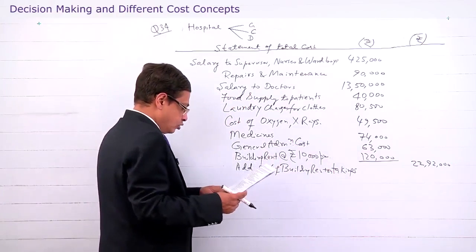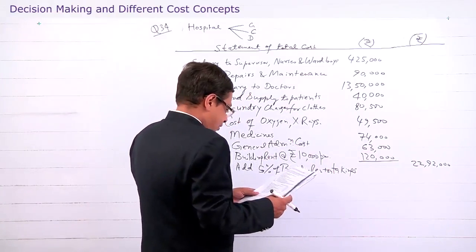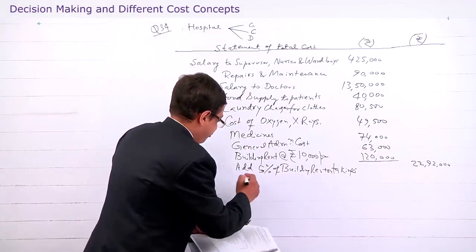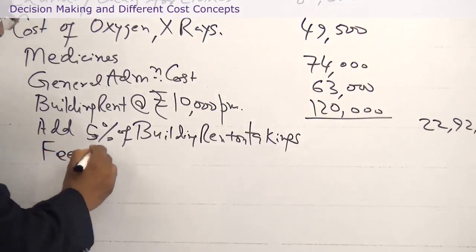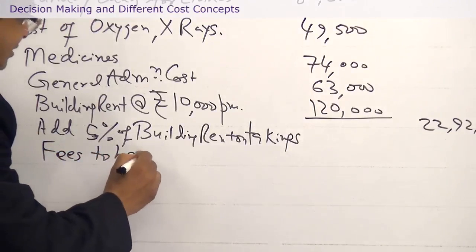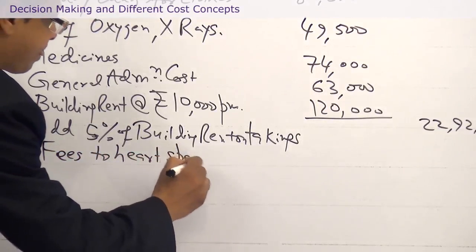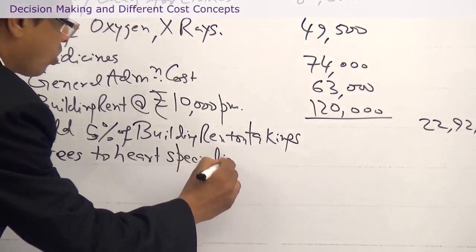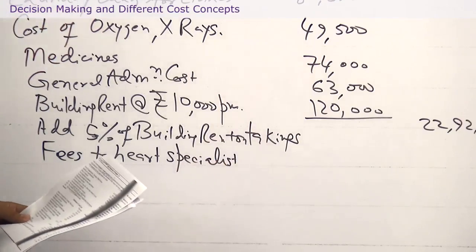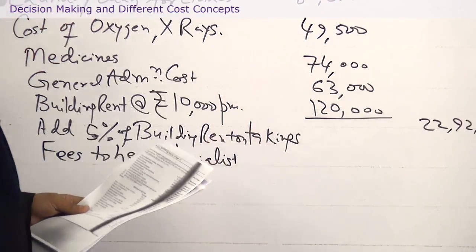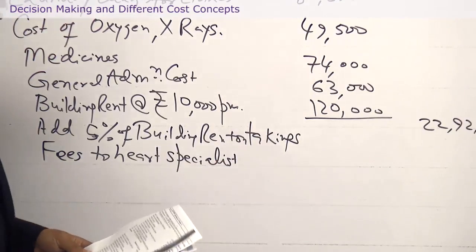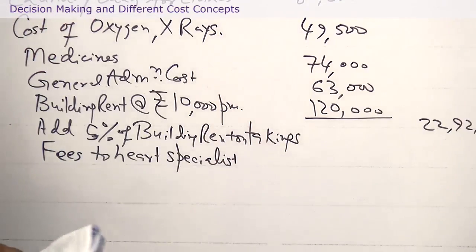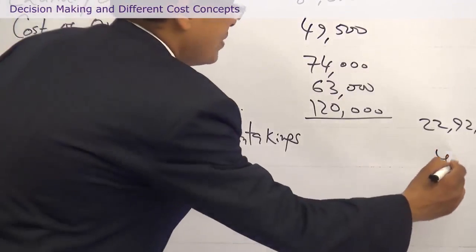Besides, you notice, you calculate the cost paid to the heart expert, fees to the heart specialist. This is also to be taken. He comes 3 times at the rate of 15,000 per trip. You pay him 45,000 rupees, right?